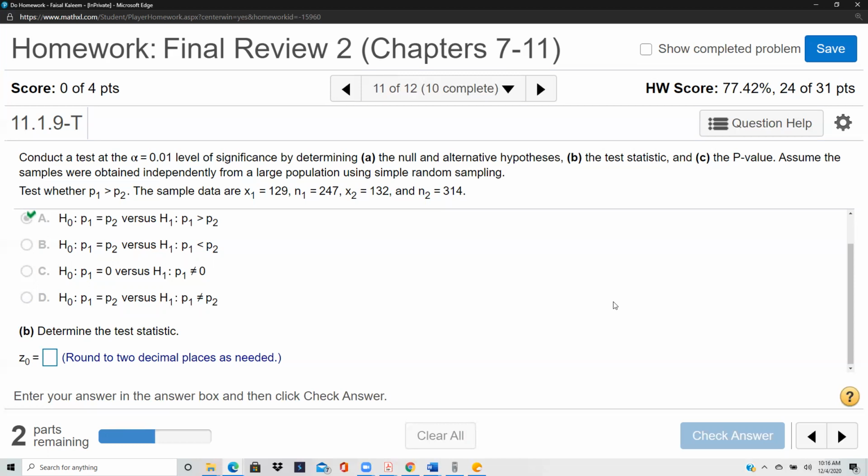How many things do we test? Here, aren't we testing 2 things? I mean, how many different kinds of things do we test, like in the one variable? In the hypothesis test, what are the 3 things that we test normally?